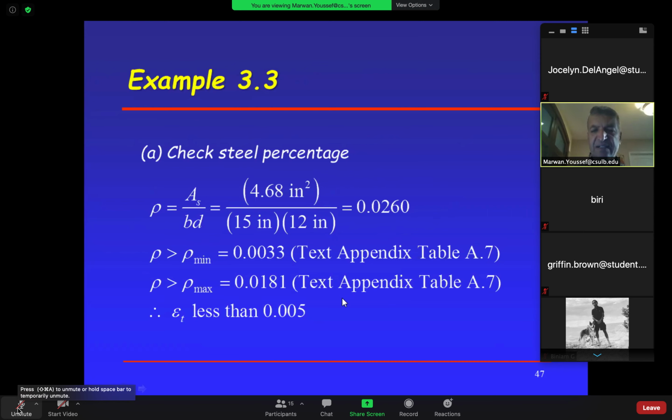So it says here, therefore, epsilon T, the strain in the steel, is less than 0.05. Remember that? Because we want that epsilon T to be over 0.05. That means the steel is going to yield. We are less than rho maximum, but this one, it's not. So, but we'll see what happens in a second.